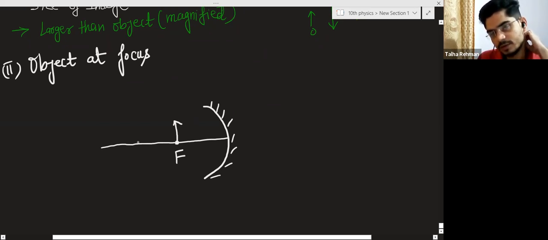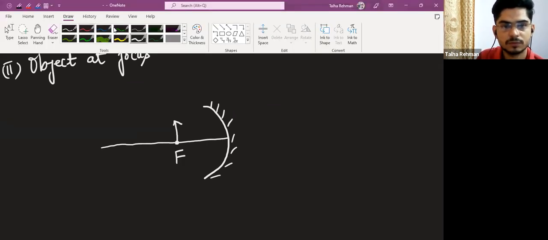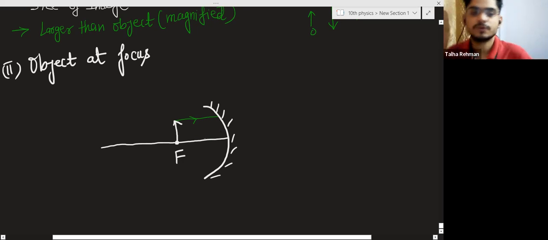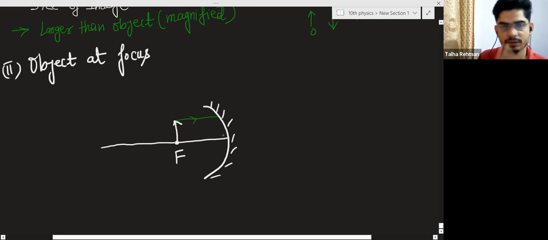Here will be the center of curvature, and this is the pole. Now from this object, suppose a ray of light is coming which is parallel to the principal axis.